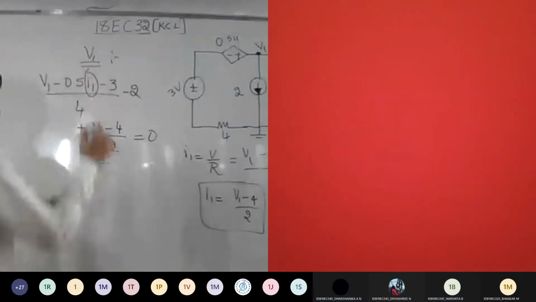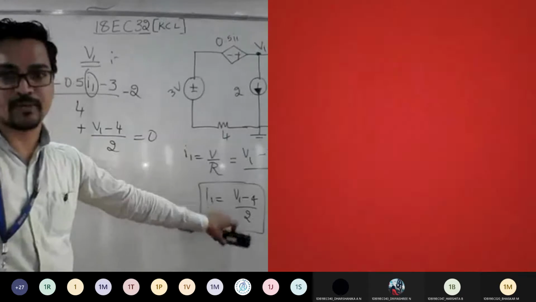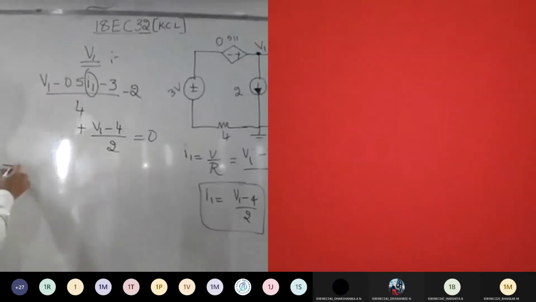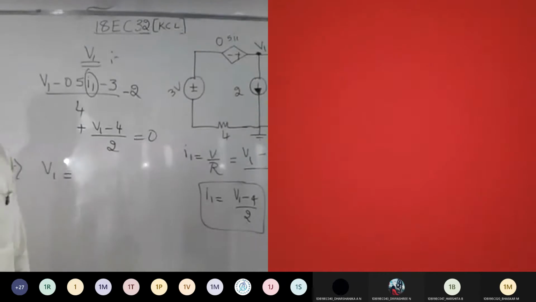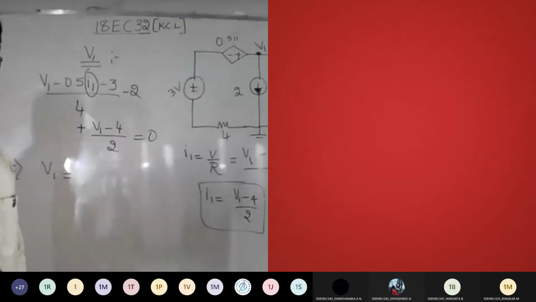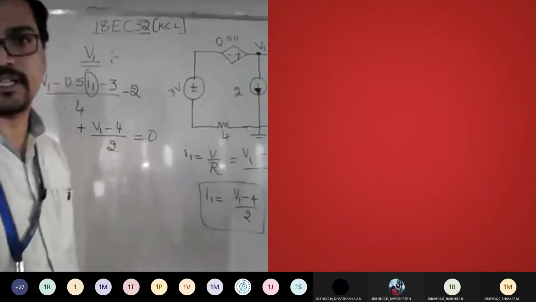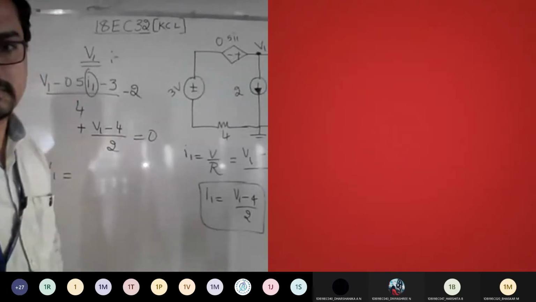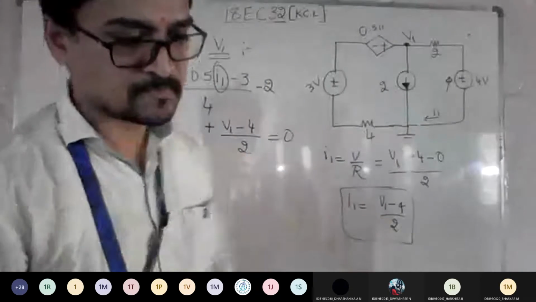Wherever the value of I1 is there, substitute this, V1 minus 4 by 2. So now tell me what is the answer for V1? Check out the answer, everyone. Substitute the value of I1 as (V1 minus 4)/2 in that equation and tell me what the answer for V1 is.